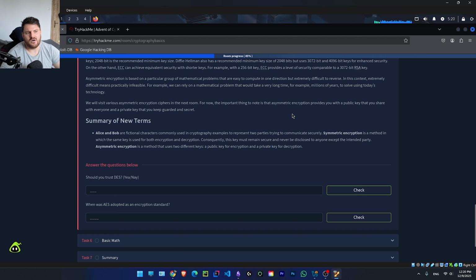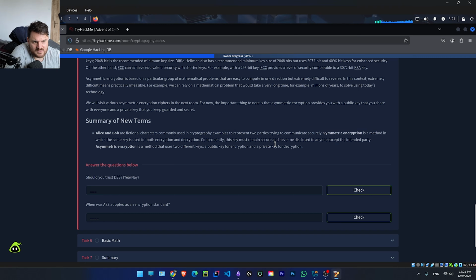For now, the important thing to note is that asymmetric encryption provides you with a public key that you share with everyone and a private key that you keep guarded and secret. Summary of new terms. Alice and Bob are fictional characters commonly used in cryptography examples to represent two parties trying to communicate securely. Symmetric encryption is a method in which the same key is used for both encryption and decryption.